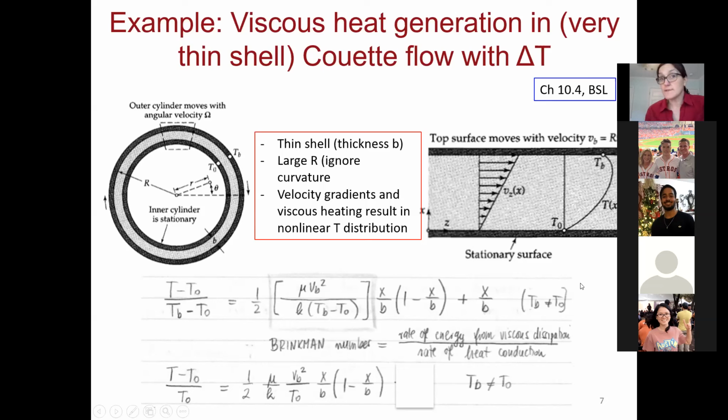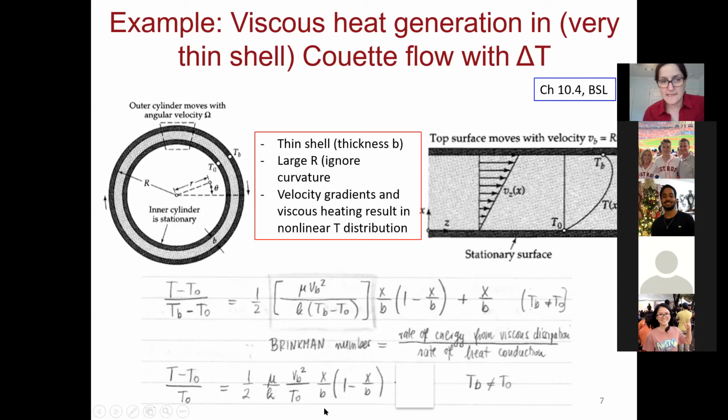So when we solved that problem, and this is the part that you plotted for an exercise, if I didn't have any temperature difference, I would still have some change in temperature because of the viscous heating, and that's given here. That profile would go from T0 back to T0, and I would have some maximum in the middle, essentially at B/2.